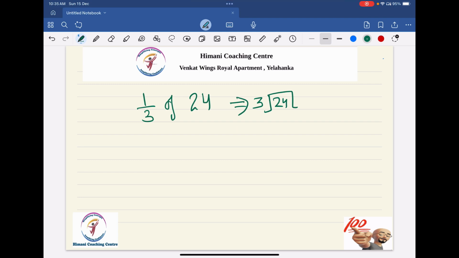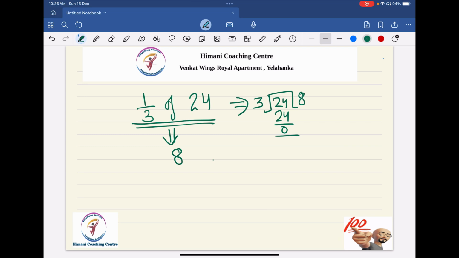Now, in the table of 3, 3 eights are 24. So, the answer for 1 by 3 of 24 would be equal to 8. That means, if you have got 24 balls, you divide them equally into 8 balls, then there would be 3 parts. Okay, that is the meaning of this.